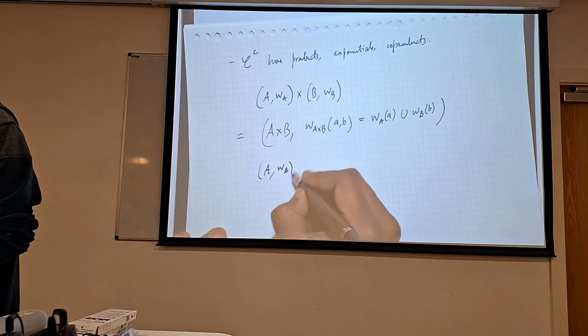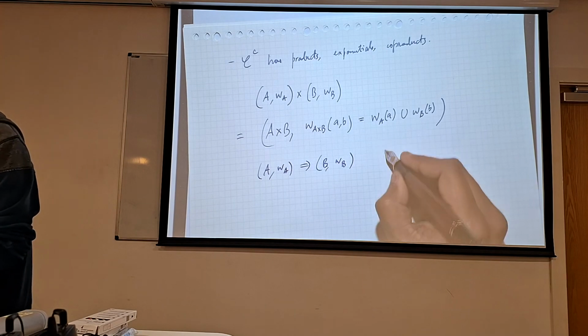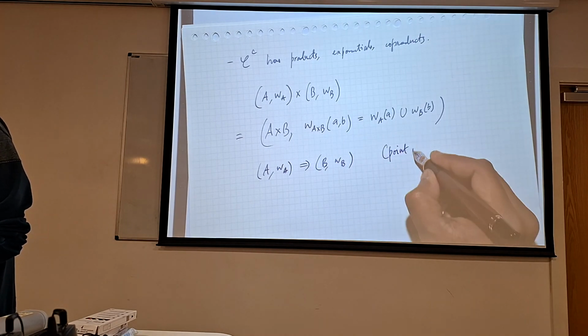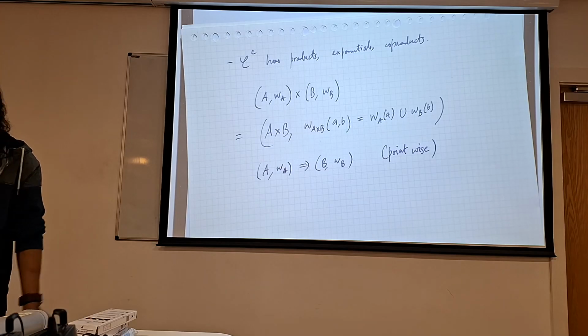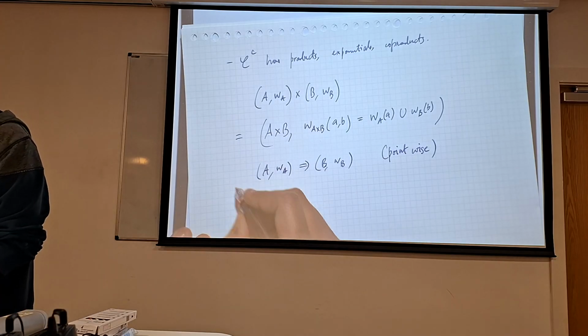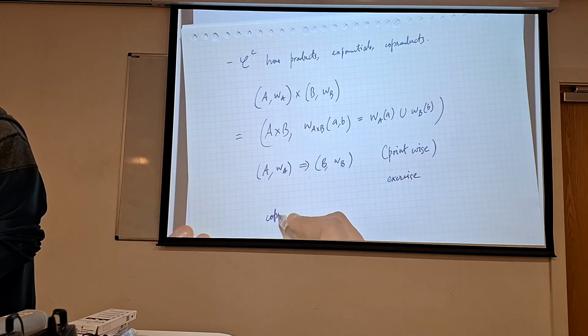There is a formula for the exponential, which is also pointwise, but to do it pointwise you should use the exponential in the Heyting algebra. I will leave that as an exercise, and coproducts as well, but these are free.